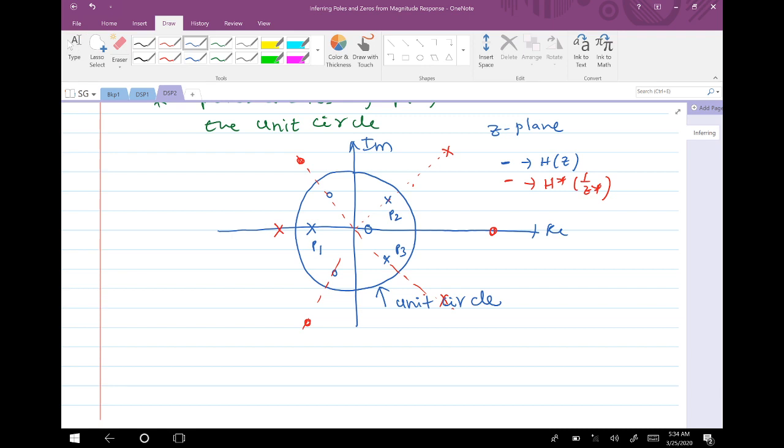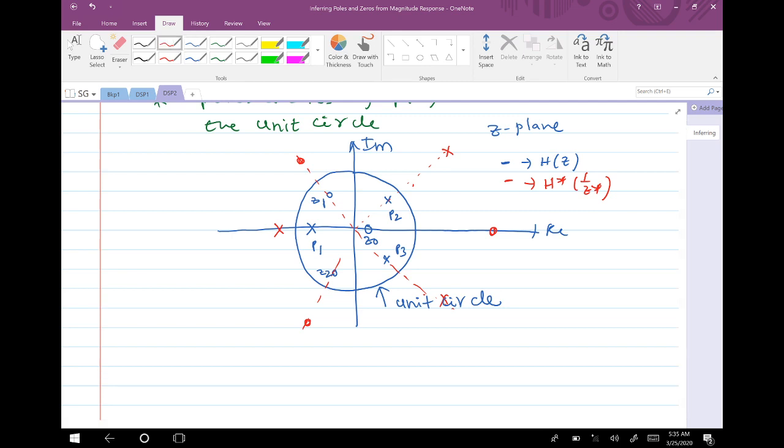Before that, let's give names to these things as well. Let me call this z0, this z1, this z2.